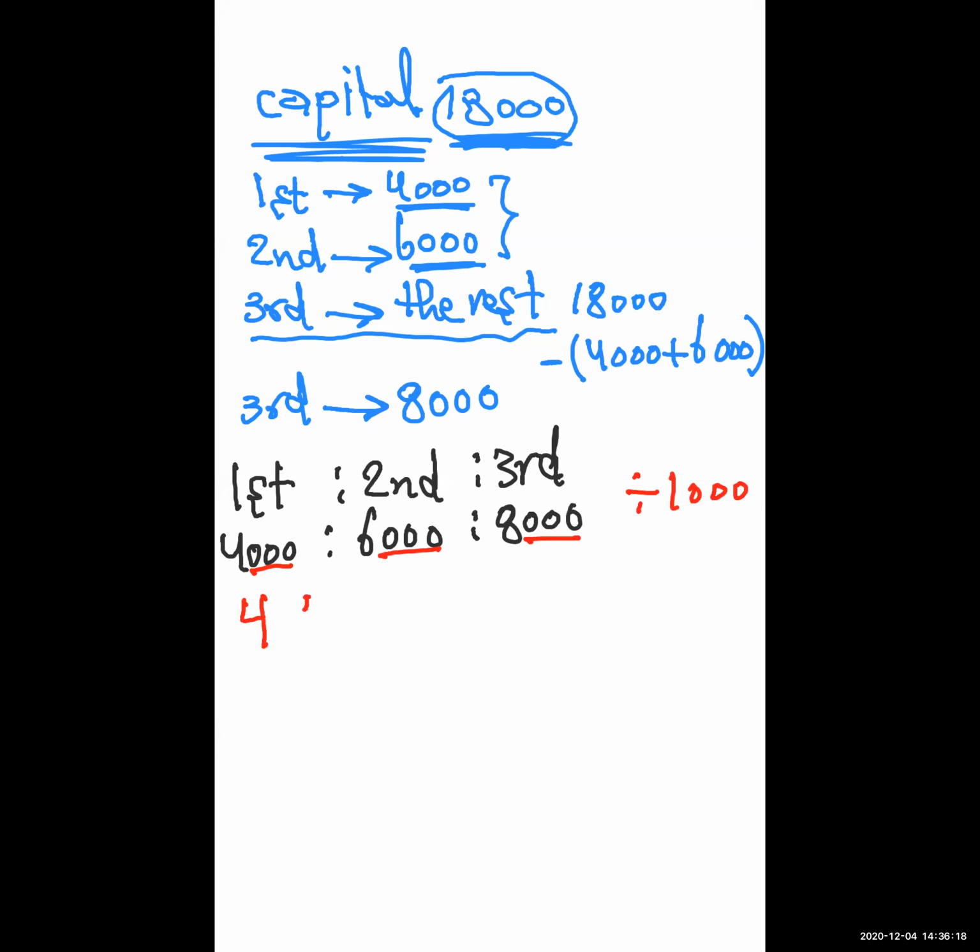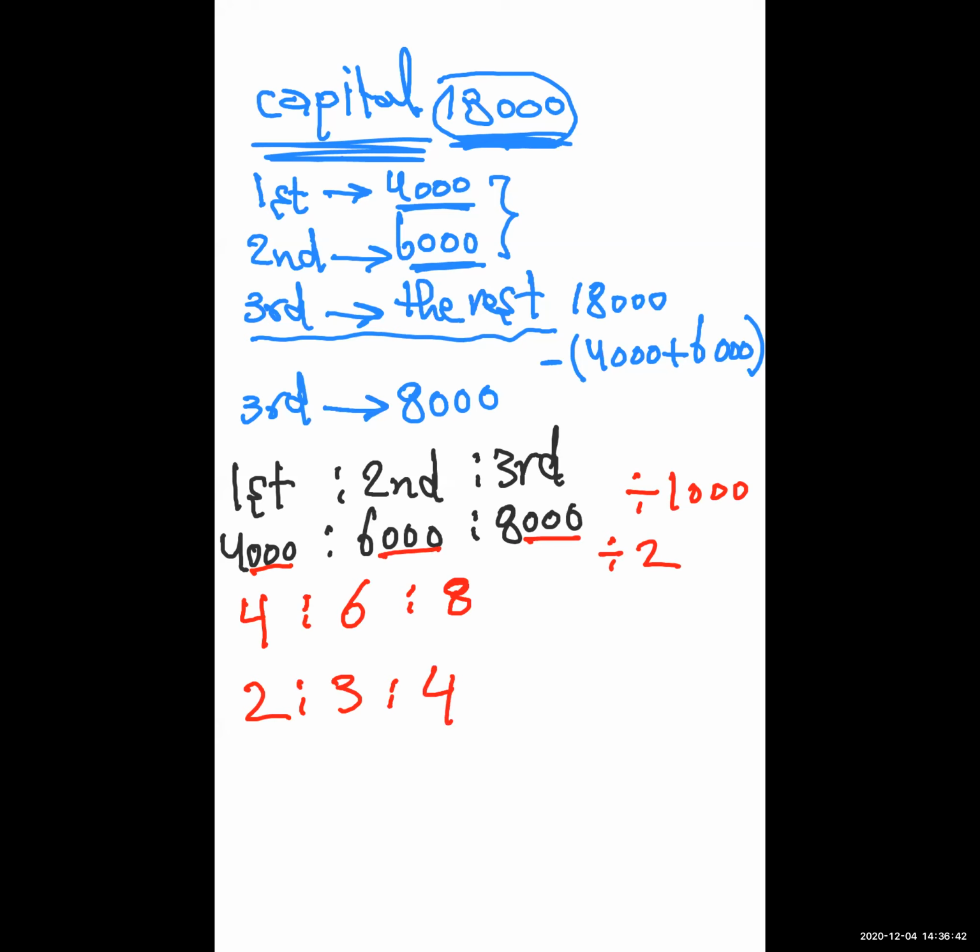More simple, guys. 4 to 6 to 8. That's it. Now, can I simplify it more? Yes, of course. All these numbers are divisible by 2, so divided by 2. So 2 to 3 to 4.